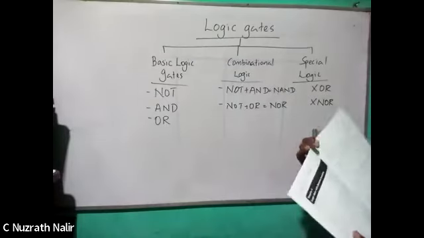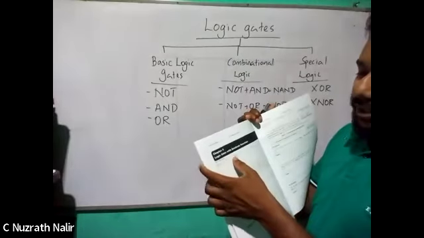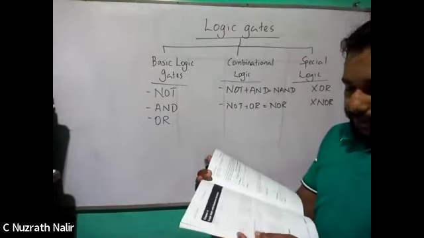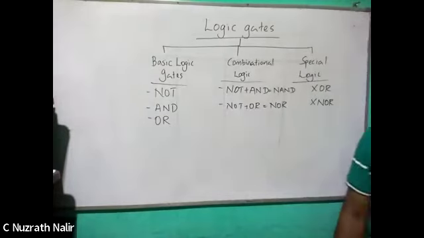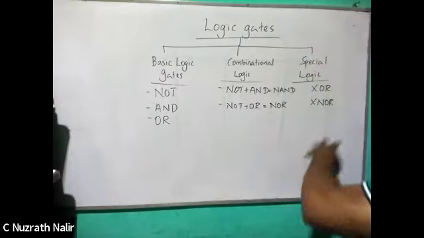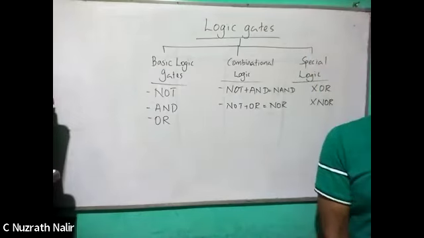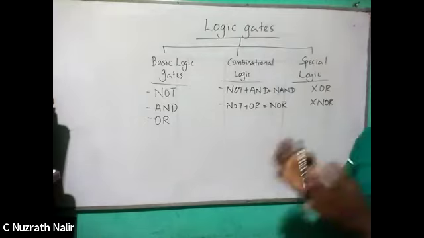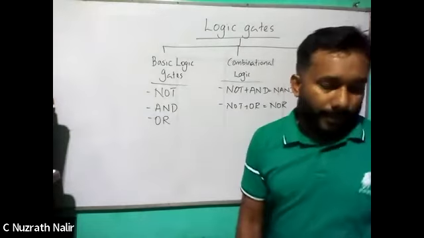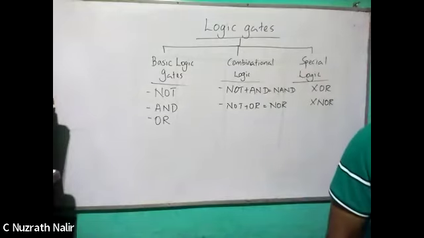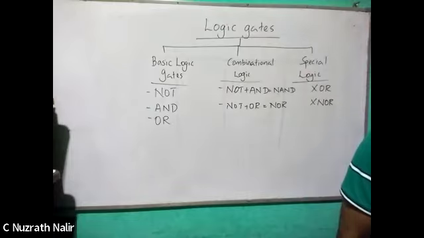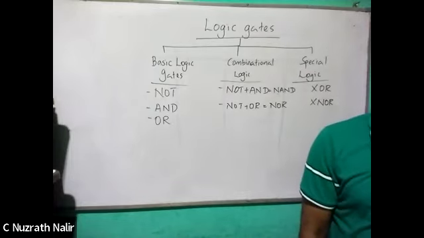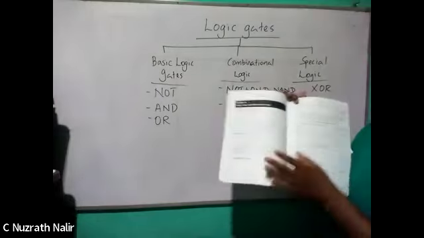Okay, but I have already mentioned the basic logic gates names. But what you can do, you can simply copy this chart maybe in the last page, or maybe you can copy it in your notebook. Maybe you can use this place.